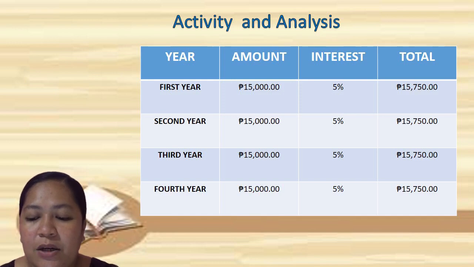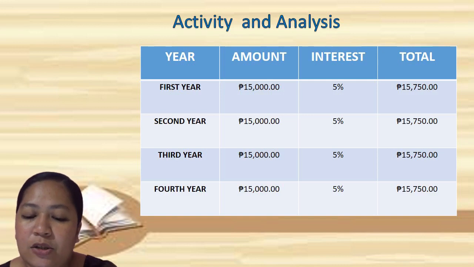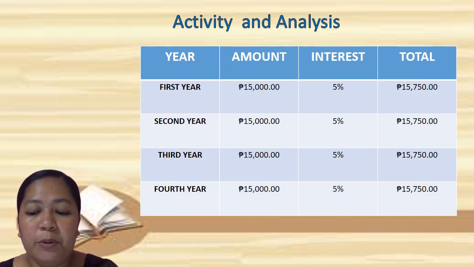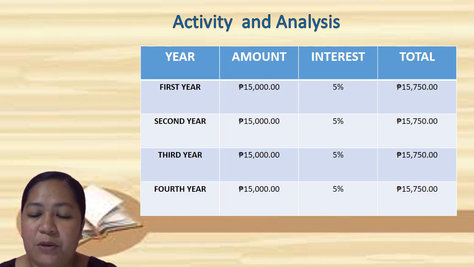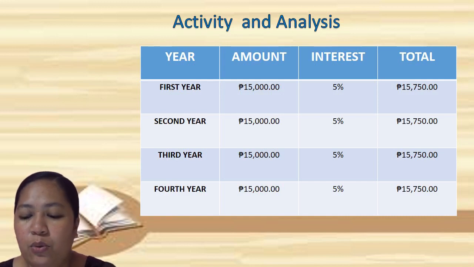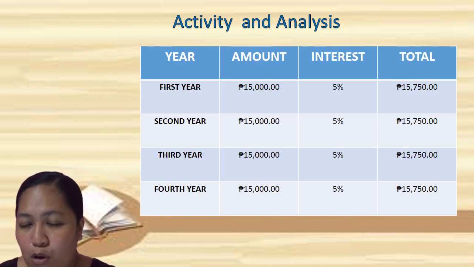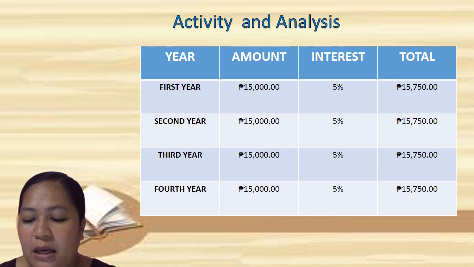As you can see here, this is the total in the last column. So each year, Joy will be paying 15,750 pesos. Now, if you add it up for 4 years, all you need to do is add the 15,750, or you can just multiply it by 4 since it's the same. That would be the total amount that Joy will be paying.